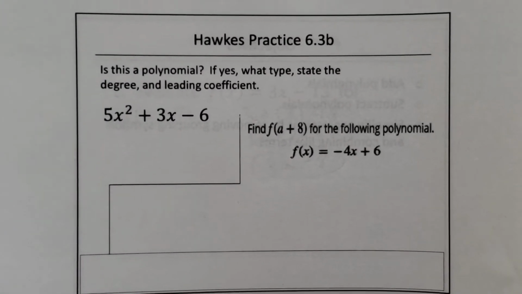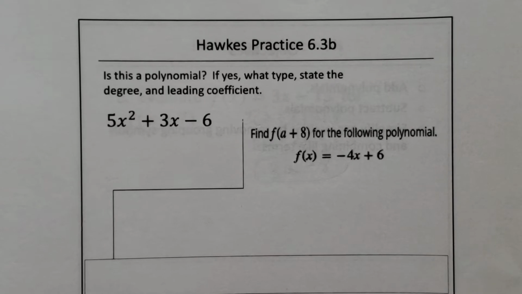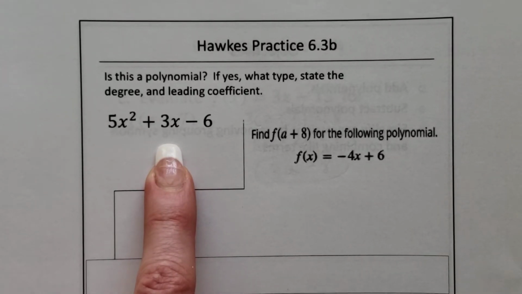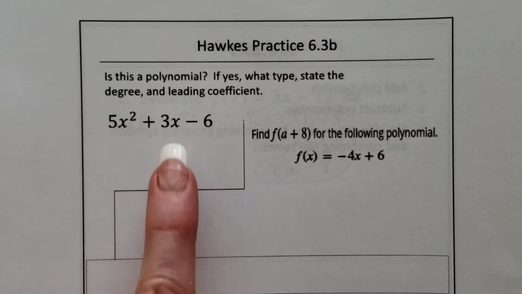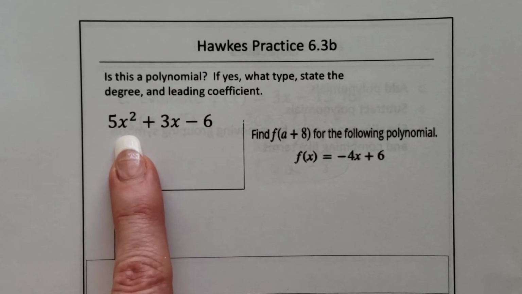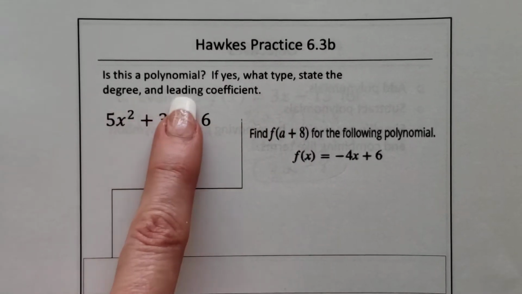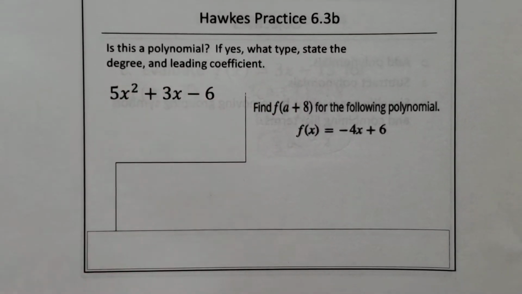The next practice problem I found in my practice examples was one like this one. So the directions first ask, is this a polynomial? Well, I don't see any fractions or negative exponents, so the answer is yes. And then it asks what type, state the degree, and the leading coefficient.